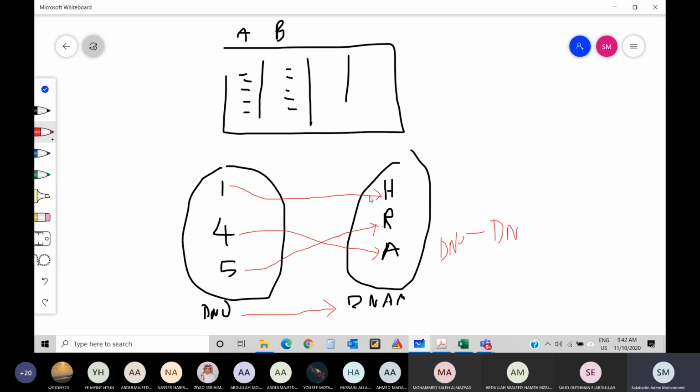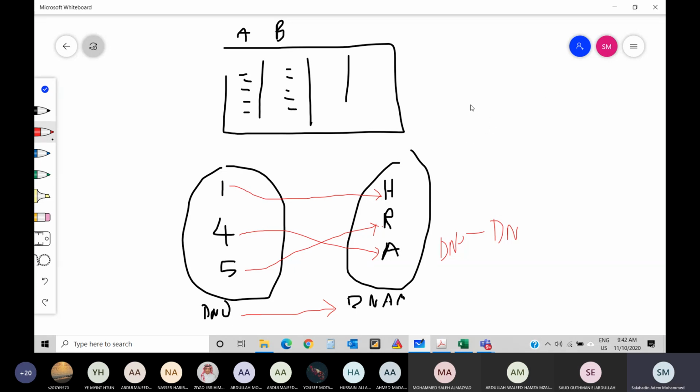If you have this situation, we say this attribute is functionally dependent on this attribute. And how do we show it? By this arrow: DNO, arrow, DNAME. This means DNAME is functionally dependent on D number.